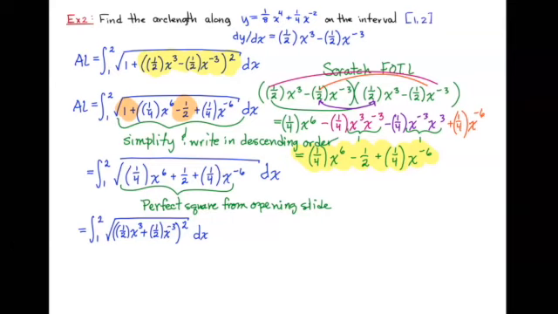FOIL your perfect square and make sure that you've done all of your algebra correctly and that it does line up. We have the square root of something squared, so those cancel out. We're left with the integral from 1 to 2 of 1/2 x cubed plus 1/2 x to the -3.